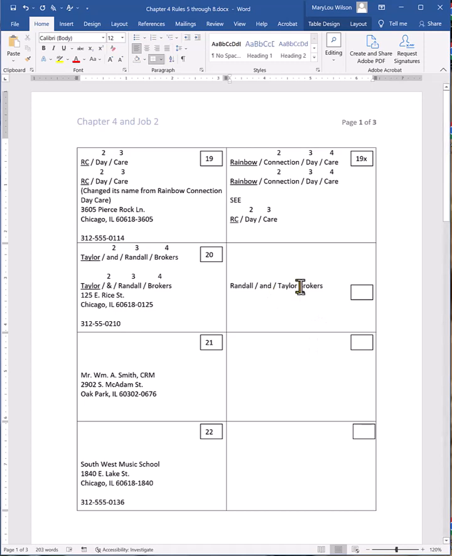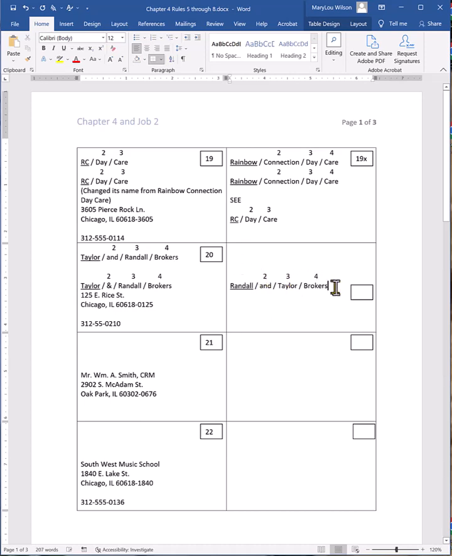I haven't moved the and or the brokers. I've simply changed the order of Taylor and Randall. Now let's code it so that Randall is the key unit, and then and stays unit 2, Taylor becomes unit 3, and brokers becomes unit 4.